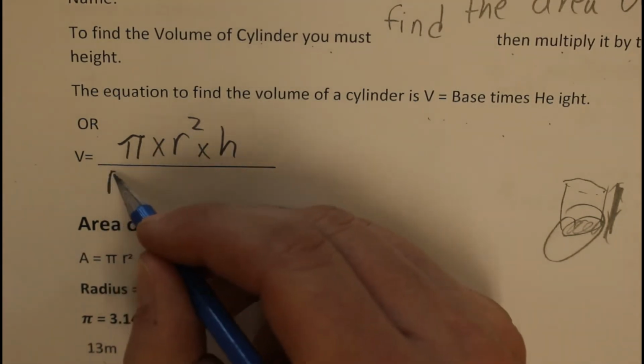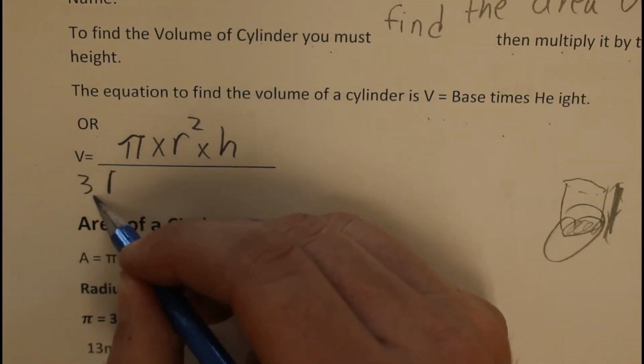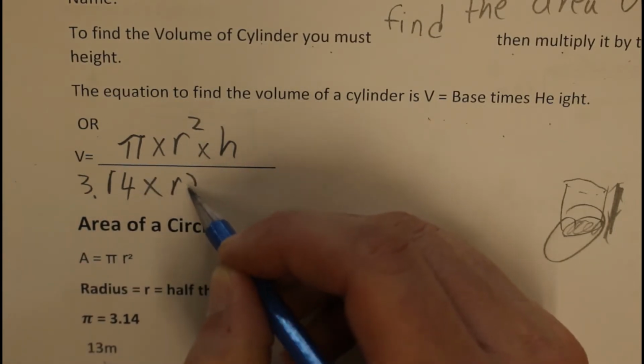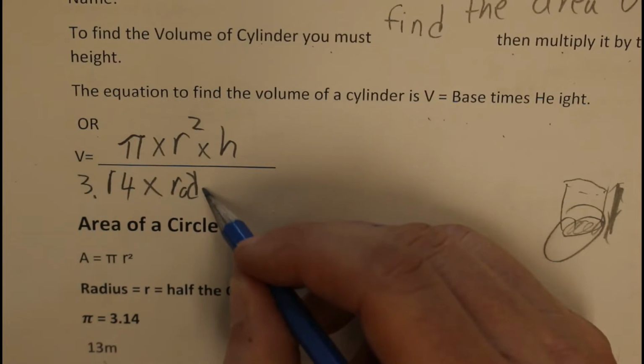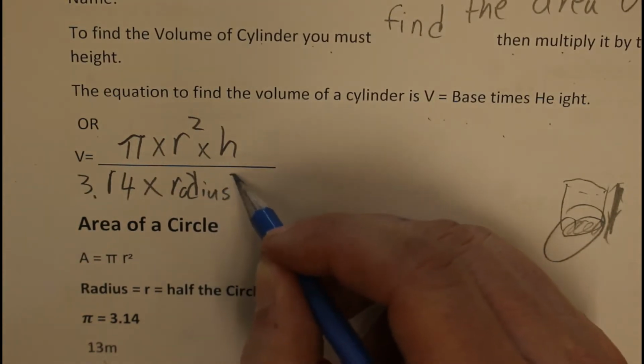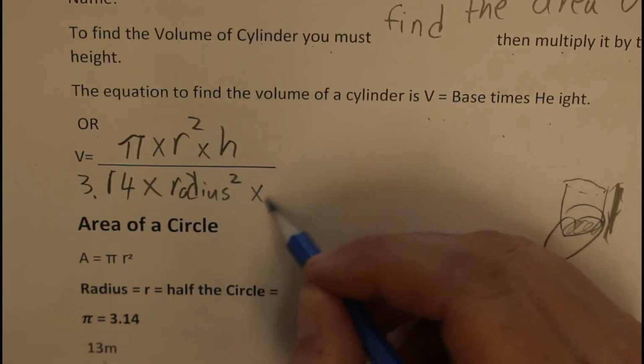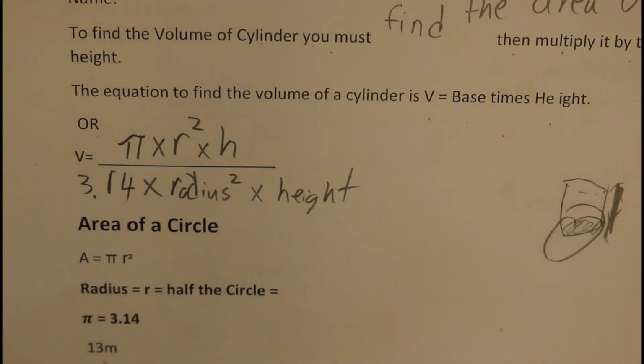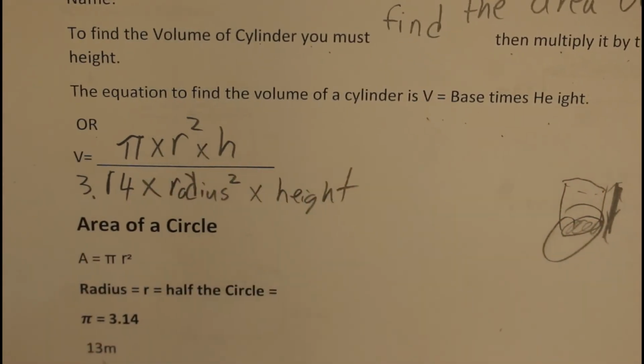So pi, aka 3.14, times radius, we'll just keep this r, radius squared, times height. Multiply those three together, and you'll find it.